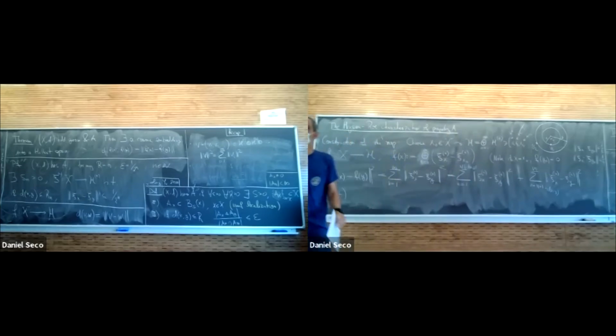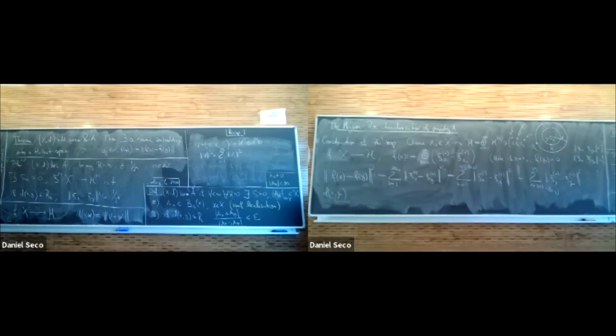And why do I do this? Because the Hickson row condition and in general property A distinguish neatly between being close and being far away.